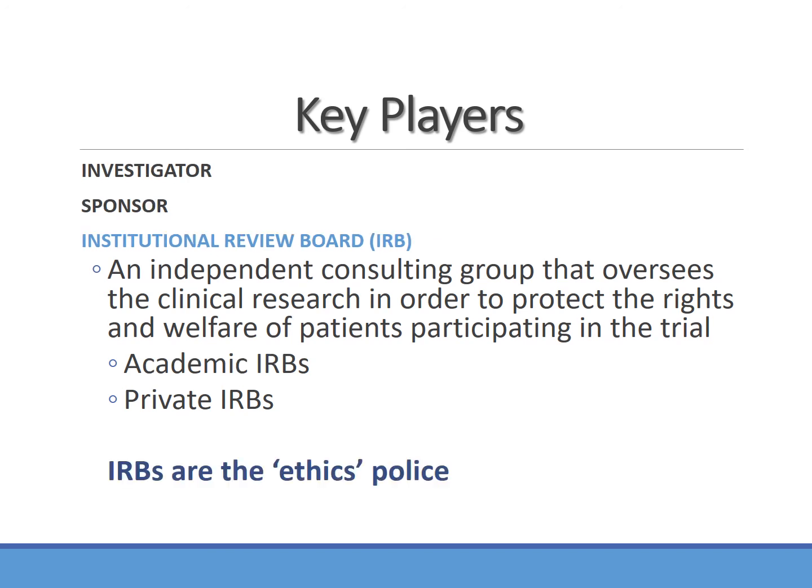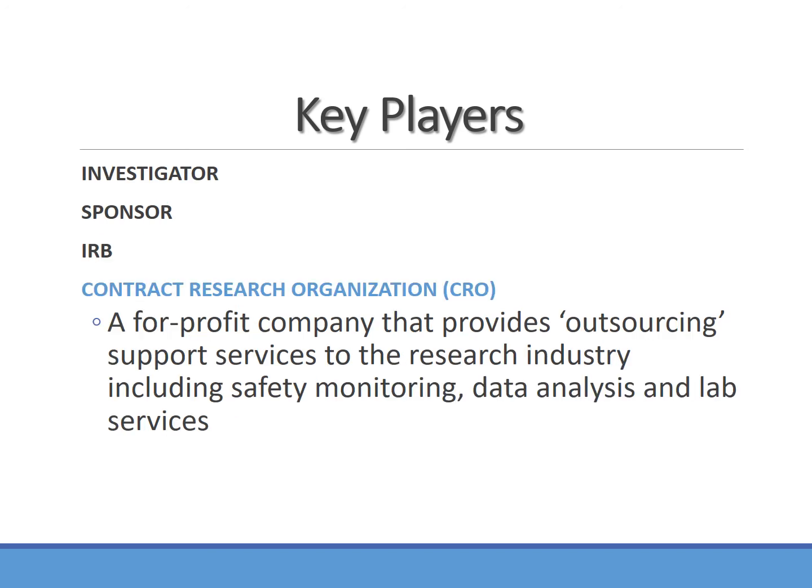And so you could call the IRB the ethics police, if you will. The only thing the IRB is concerned about is, are you taking advantage of patients? So you can see how these three groups sort of work together but work sort of separately, and all for the same goal. And then you'll have a contract research organization.